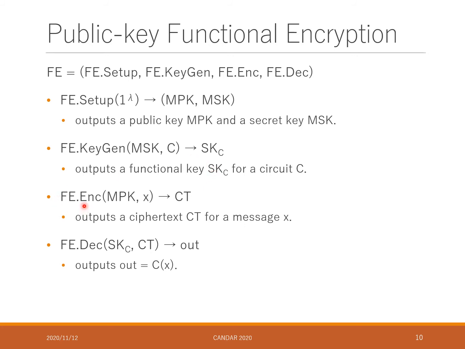The encryption algorithm takes the public key MPK and the message X, then outputs the ciphertext CT. Finally, the decryption algorithm takes the functional key SK_C and the ciphertext CT, and then outputs the circuit value.